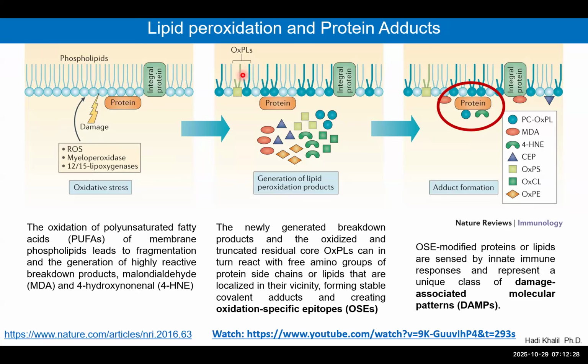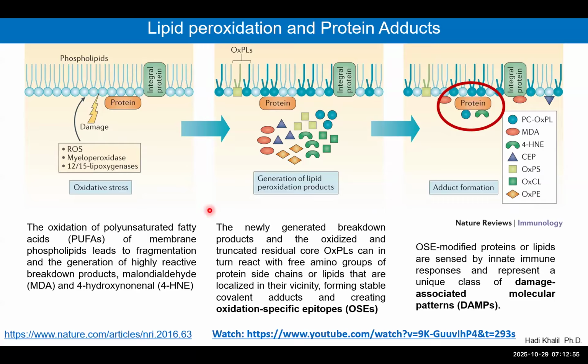In addition, those broken products now generate the lipid peroxidation products, the aldehydes and the truncated electrophiles. These truncated electrophiles will form a complex with that protein, which is here in red. Now that protein is not functional anymore.